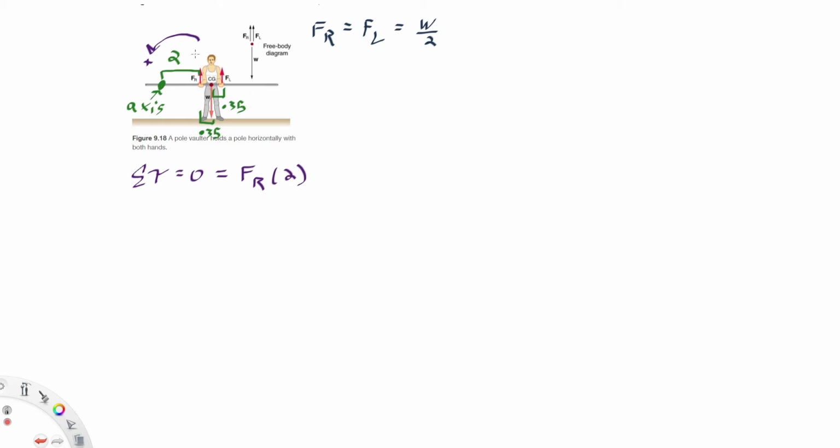Right, we have both possible answers in the chat. So Fr is going to be going starting up and over. That's the clockwise direction. So that'll be a positive. Similarly, FL will also be a positive torque.